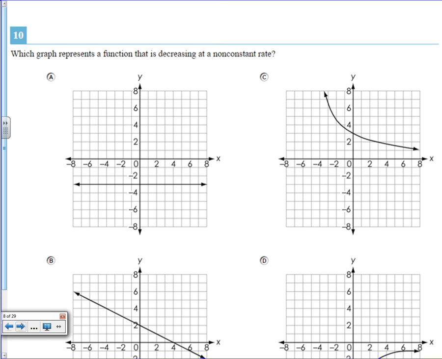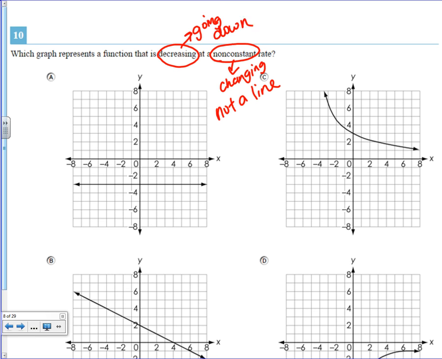All right, number 10. Which graph represents a function that is decreasing at a non-constant rate? Non-constant means changing. That means not a line. Okay? Decreasing means going down. So which of these are going down? Well, this one is not going down.